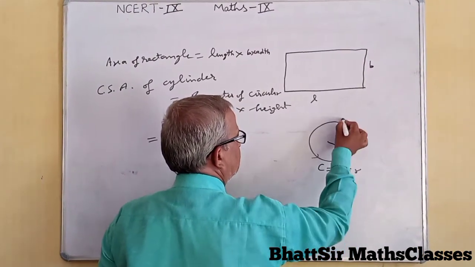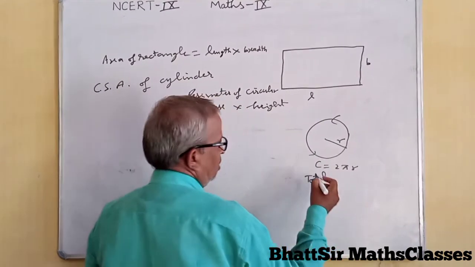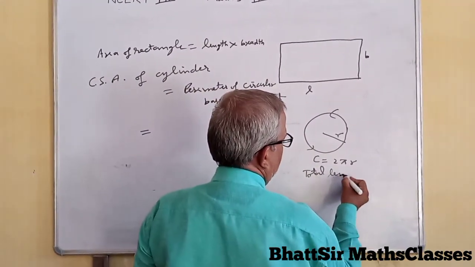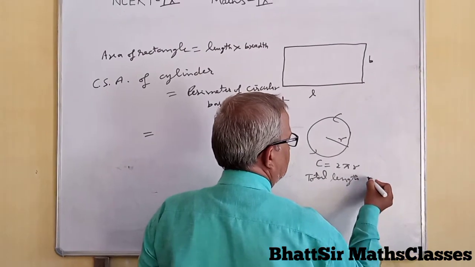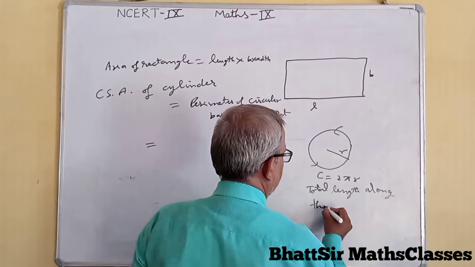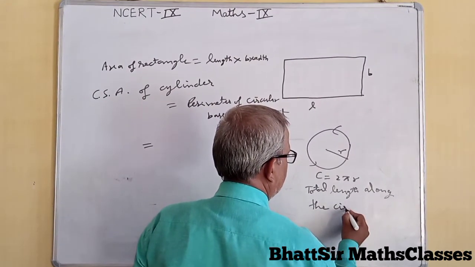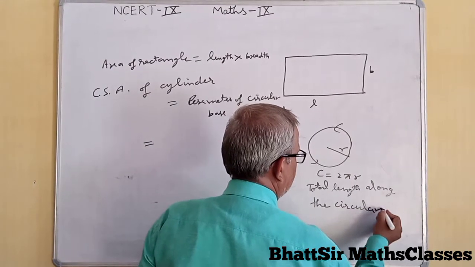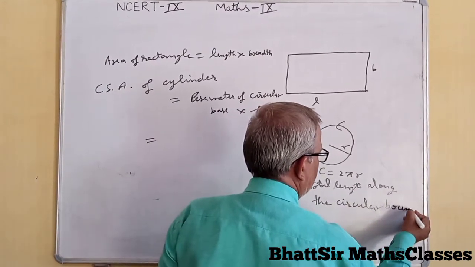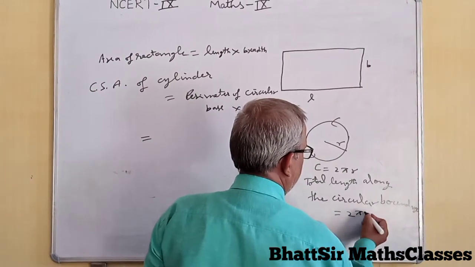It means the total length along the circular boundary equals 2 pi r.